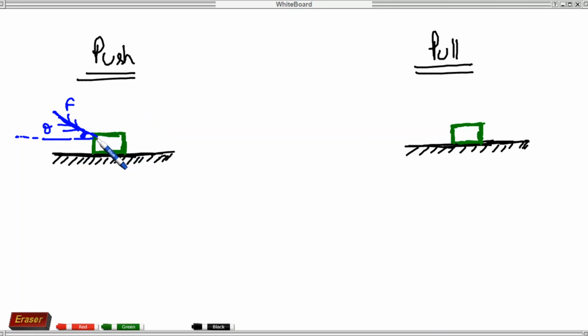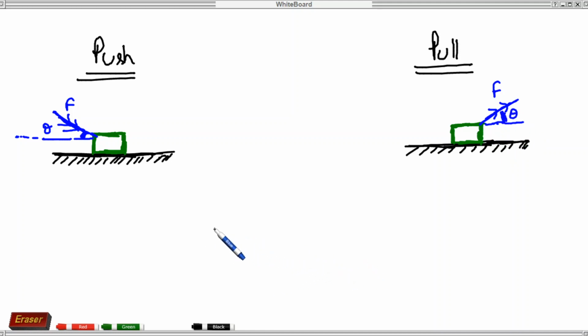So here I am pushing it, and here I am pulling it. I am pulling this block by force F at the same angle theta.